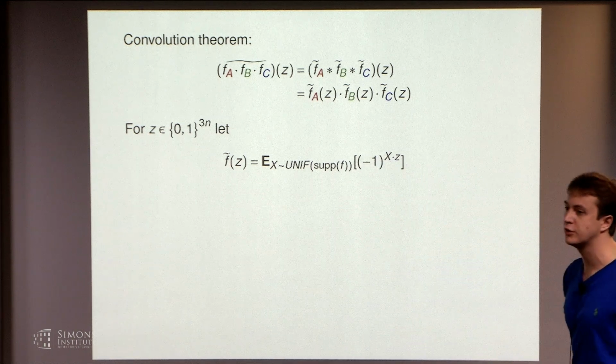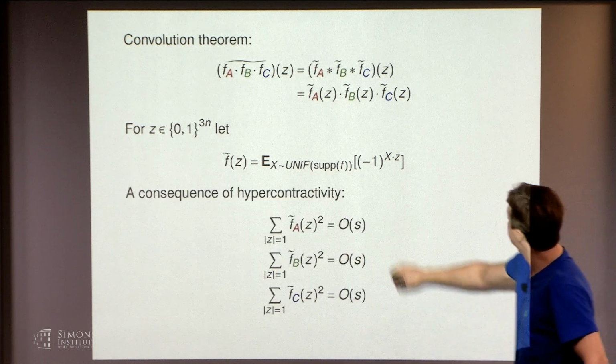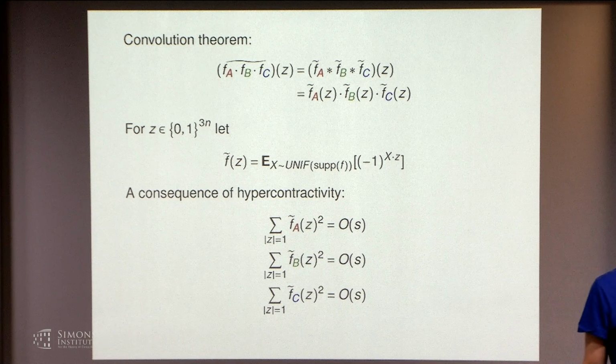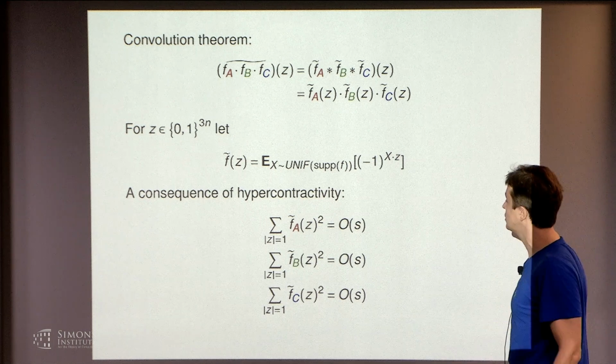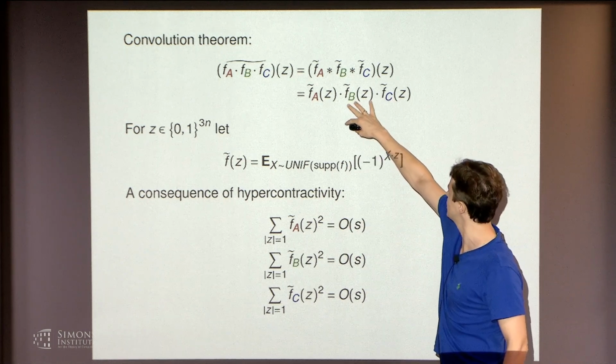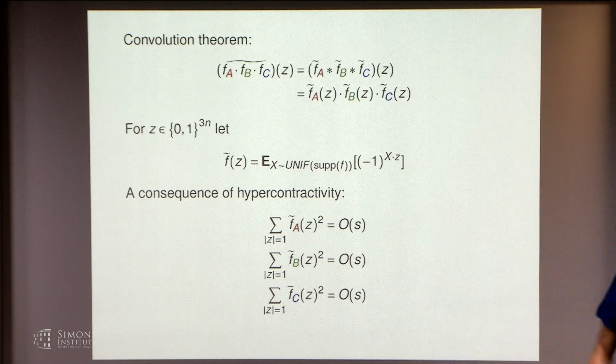The normalized Fourier coefficient just does the correct normalization. So by the convolution theorem, the Fourier transform of a product of three functions is the convolution of the corresponding Fourier transforms. And this reduces our problem to understanding a certain convolution, which in this case, luckily, turns out to also be a product because of the structure of the game.